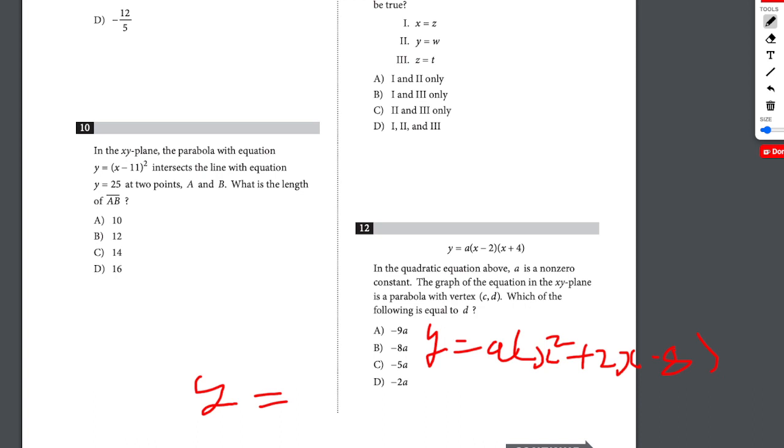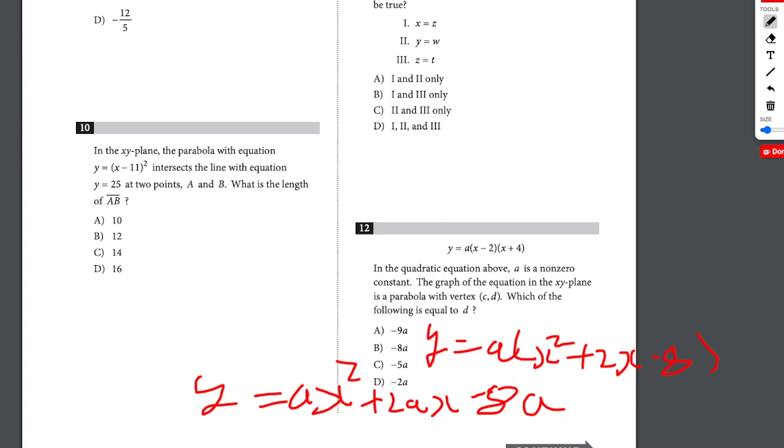So when we multiply by a, we're going to get y equals ax squared. Whatever a is, we don't know what a is, and that's fine. We don't need to do that. Plus 2ax minus 8a. Okay, so here's our equation.